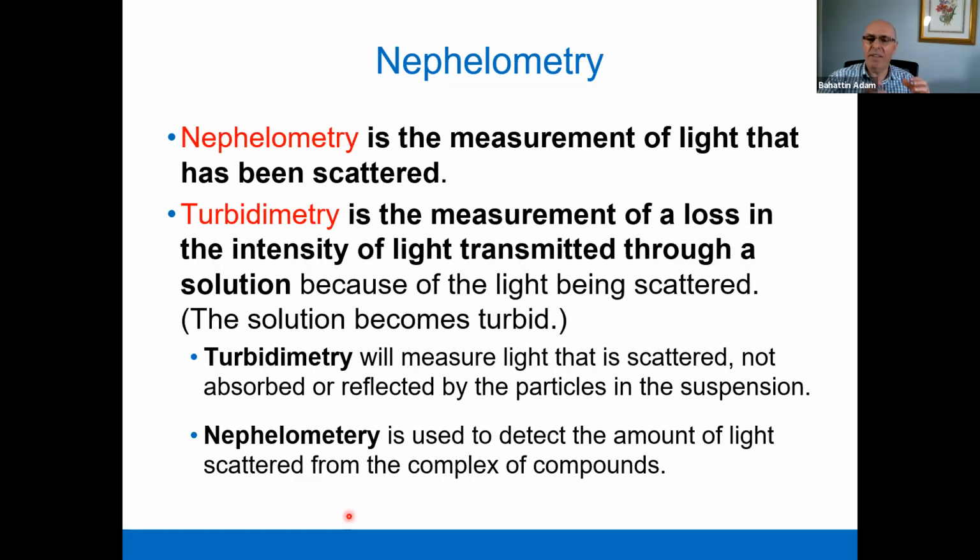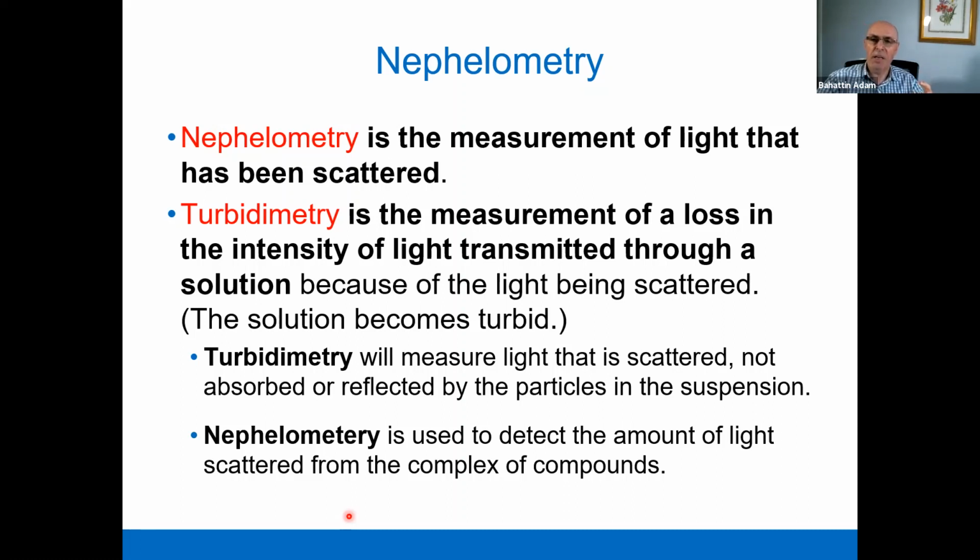Turbidimetry is the measurement of a loss in the intensity of the light transmitted through a solution because of the light being scattered. This turbidimetry is also a kind of nephelometry, but they are different from each other.